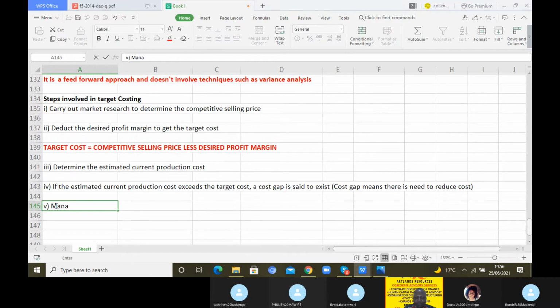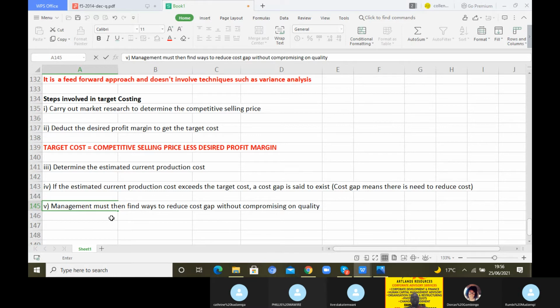Management must then find ways to reduce the cost gap without compromising on quality.